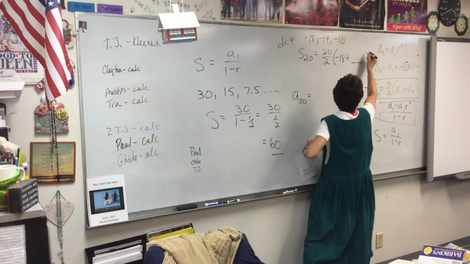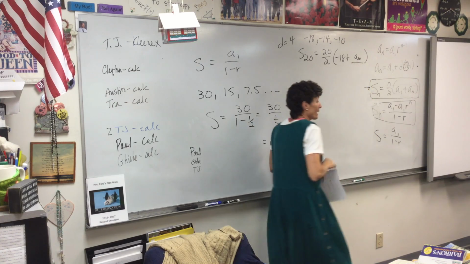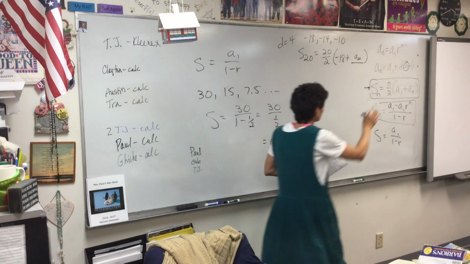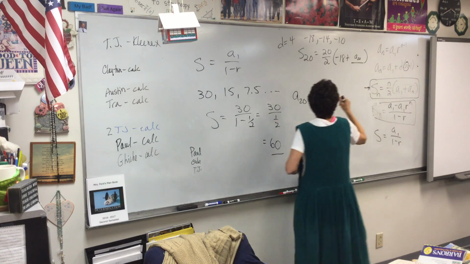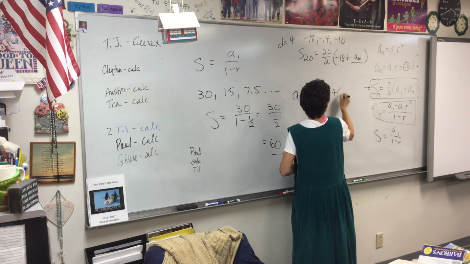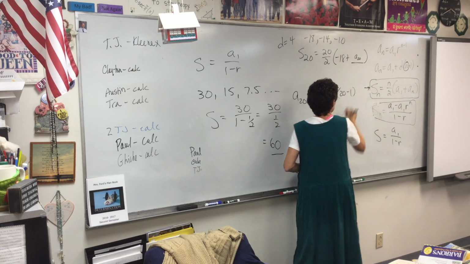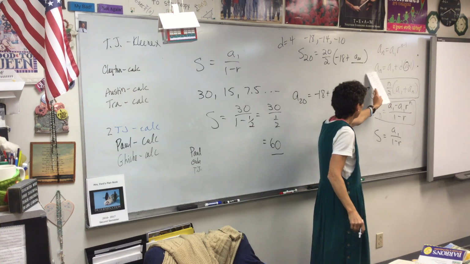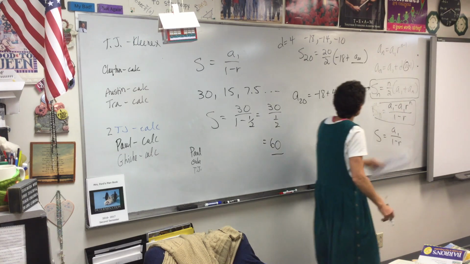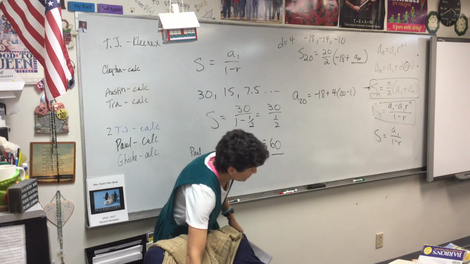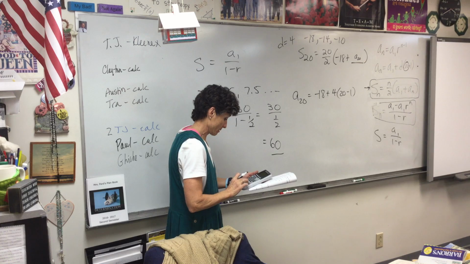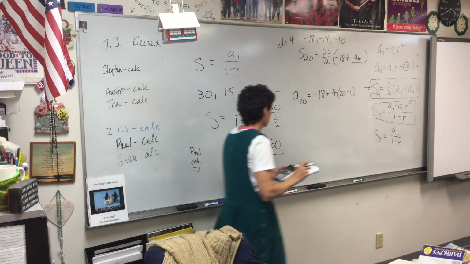That's what's going to go right here. The 20th term is the first term plus the difference times n minus 1. A sub 20 is a sub 1 plus d times 20 minus 1. So that works out to be 58.